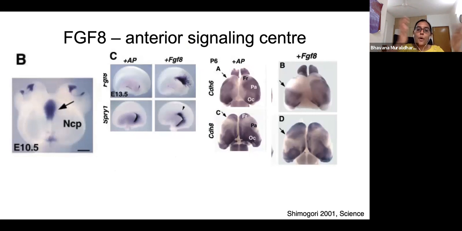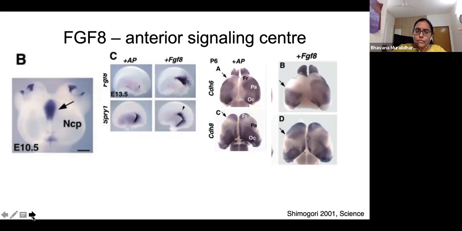The forebrain goes on to form your cerebral cortex, which is the seat of all higher order functions. I told you how FGF8 signaling at the very rostral, or the nose end, patterns the entire cortex and decides where your frontal, parietal, and occipital lobes will form.